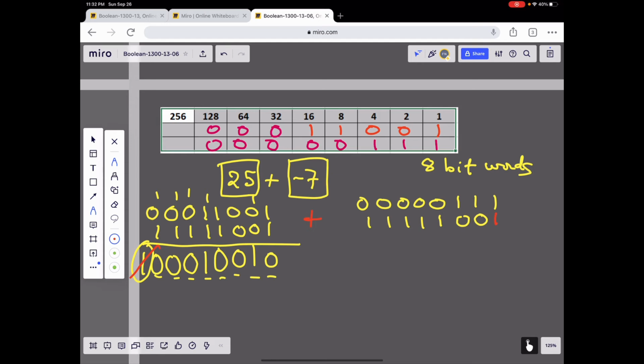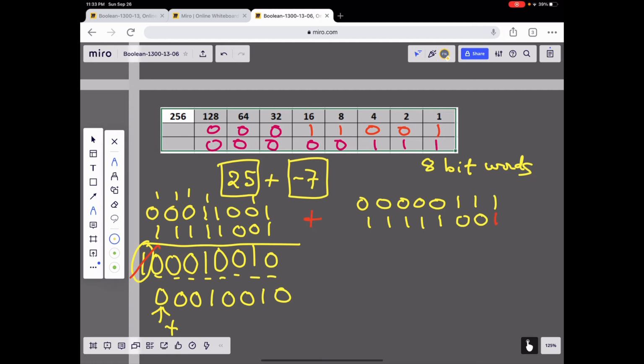And convert that to decimal number. So you have 0, 0, 0, 1, 0, 0, 1, 0. You know that this one is positive because it ends up 0, so this is positive.